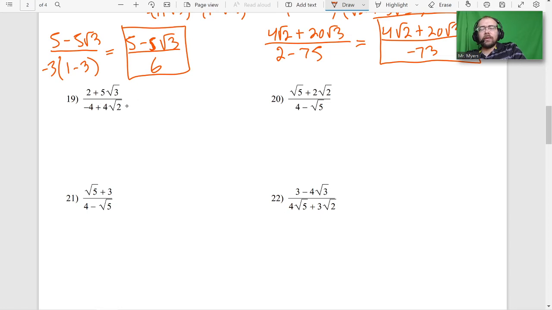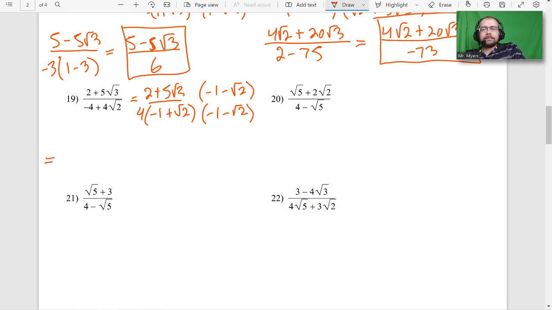I can factor out a 4 here, so I'm going to do that first. 2 plus 5 root 3. And you could factor out a negative. I'm not going to. Just factor out a 4. So I'd have negative 1 plus root 2. So I'm going to multiply by negative 1 minus root 2. Okay.